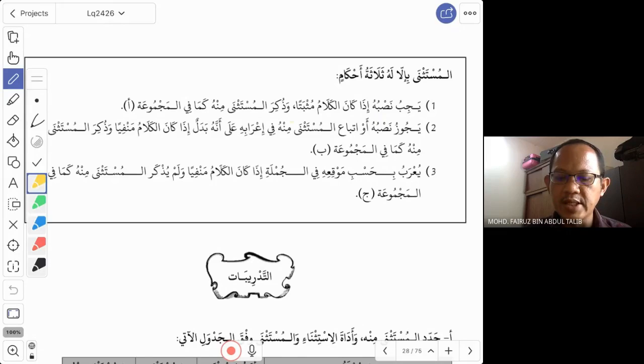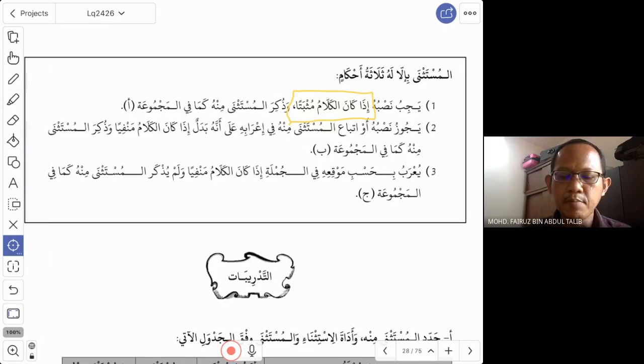First they said idza kana al-kalamu musbatan. If the kalam, the sentence, is muthbat. Kalam literally means the words, but here it means the sentence. On Monday we learned the word muthbat.